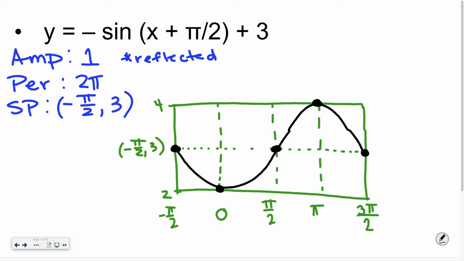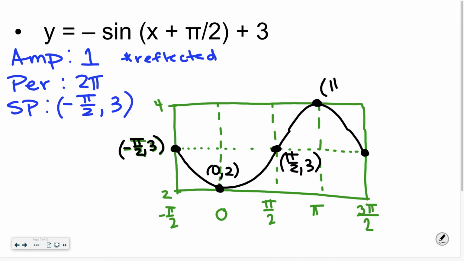Okay. What I do want you to do, because I got a lot of numbers thrown up here, is go through and label all 5 of those points. So we have negative pi over 2, 3. Down here, we know this coordinate is at 0, 2. This coordinate would be pi over 2, 3.